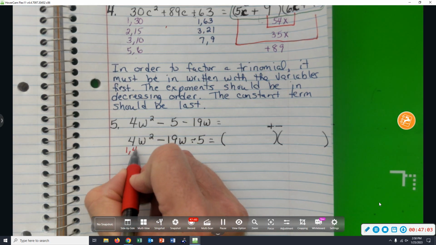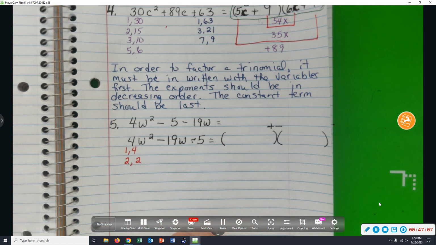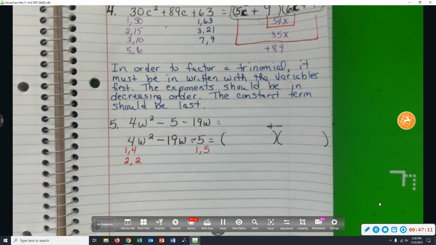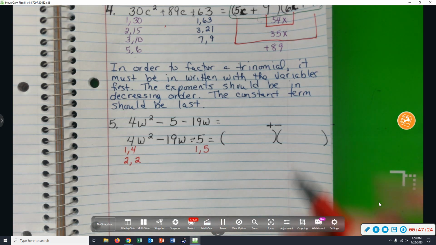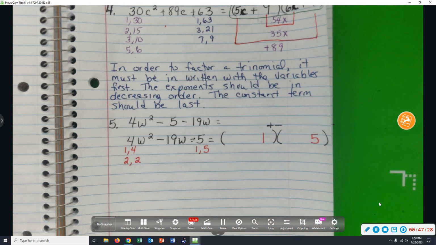Well, there's a couple of pairs: 1 times 4 and 2 times 2. Numbers that multiply together to give 5: 1 and 5. Since there's nothing but 1 and 5, why don't we go ahead and just put those in the last spots, 1 and 5.